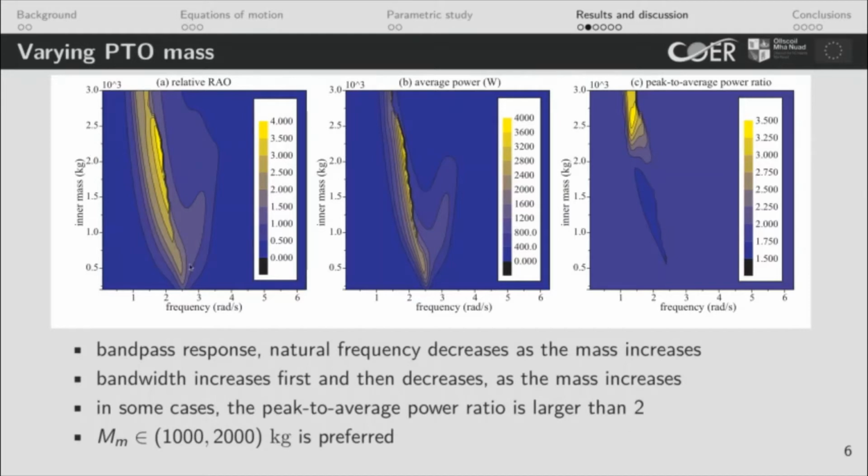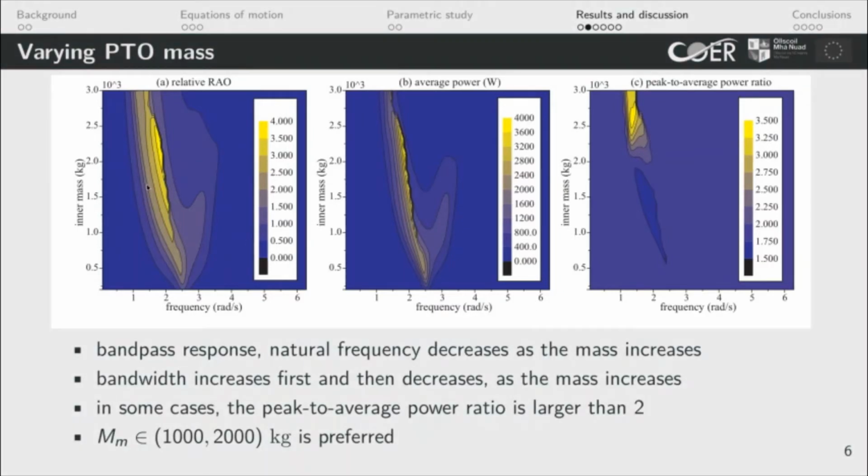The bandwidth increases first and then decreases. For the average power, we can see that when the inner mass is large, the bandwidth is very narrow. The peak to average power ratio will be influenced when the impact happens. It can be attenuated or amplified. Of course, this region is not preferred.